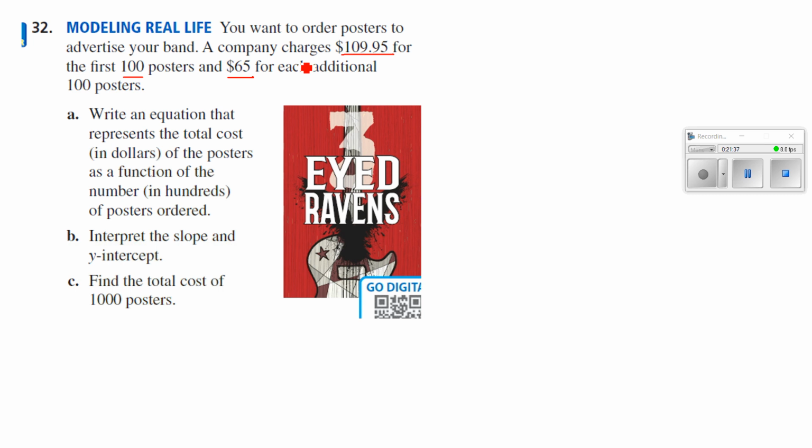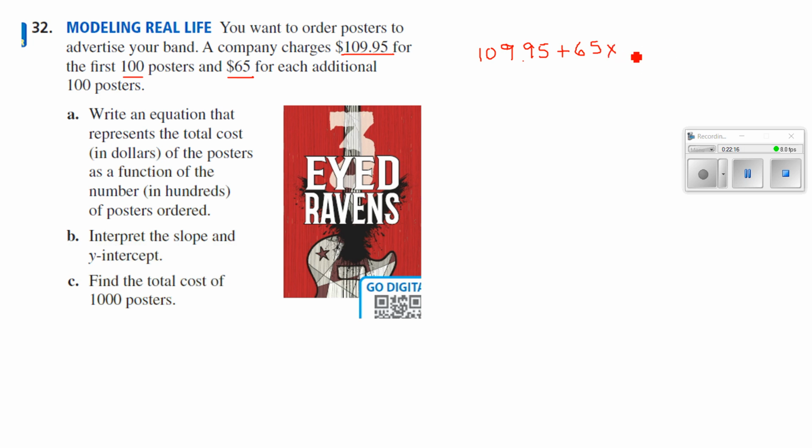So let's see here. The company charges $109.95 for the first 100 posters. Write an equation. Well, we know we're getting 109.95 for the first one, and then we're adding that to $65 for each additional 100 posters, so we could put this as x, right?